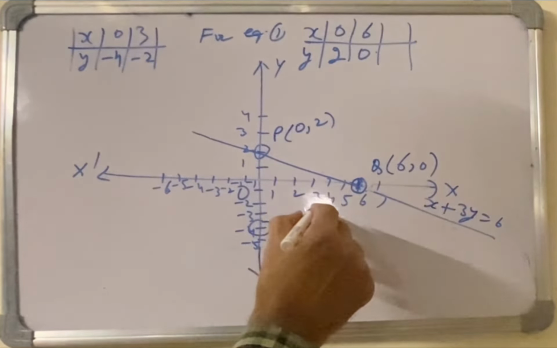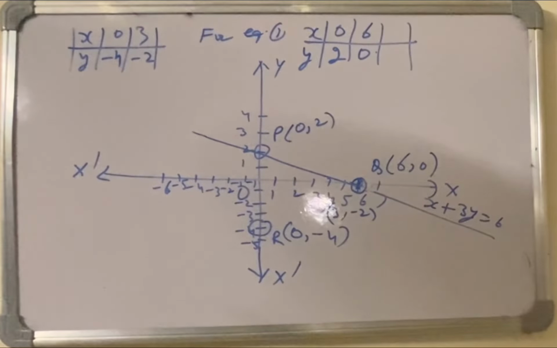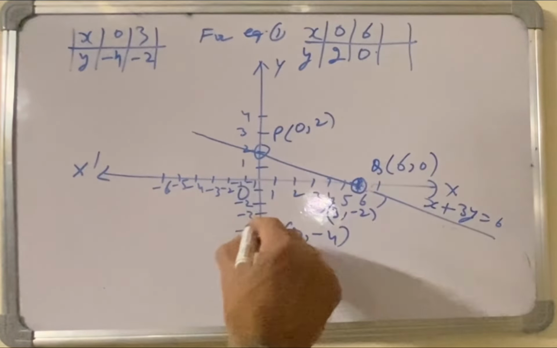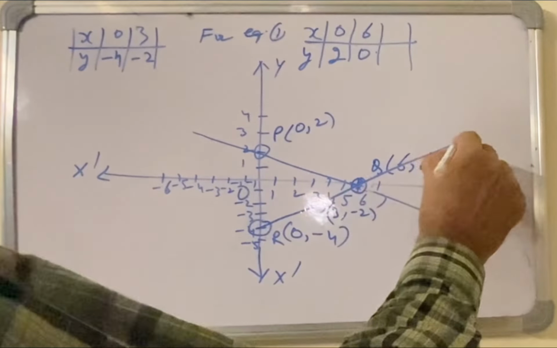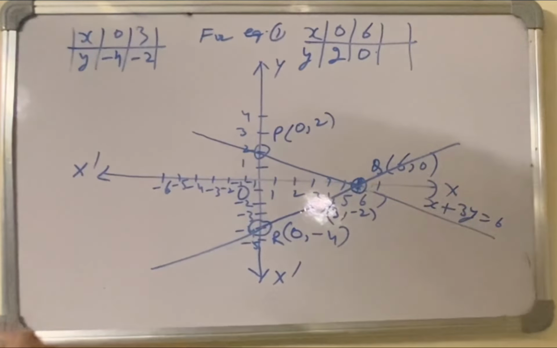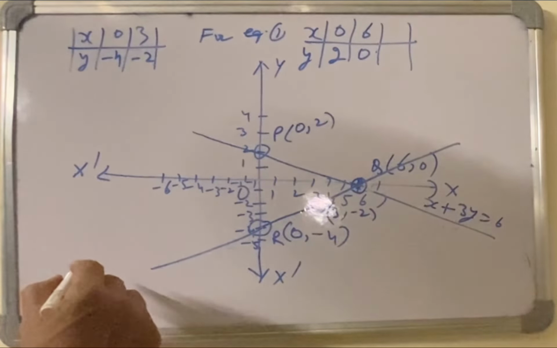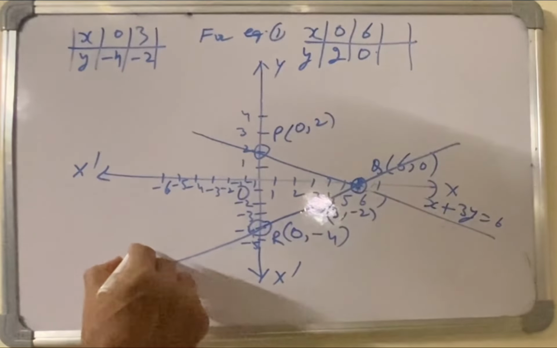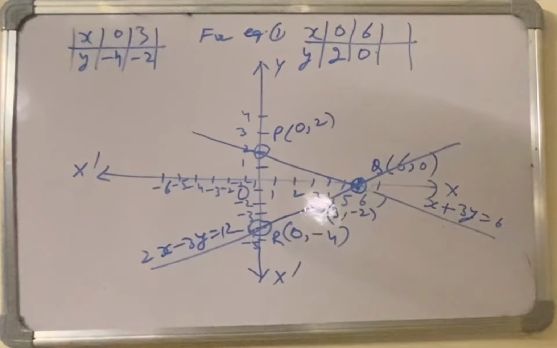This is minus 2, this is 3. Minus 2. Therefore, we join this. This is second line RS, which is second equation 2x minus 3y is equal to 12.